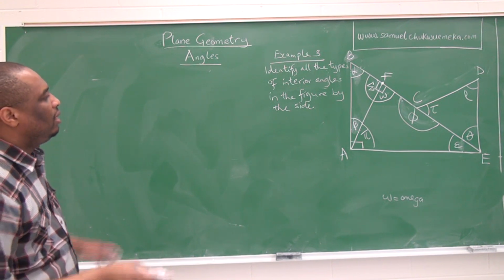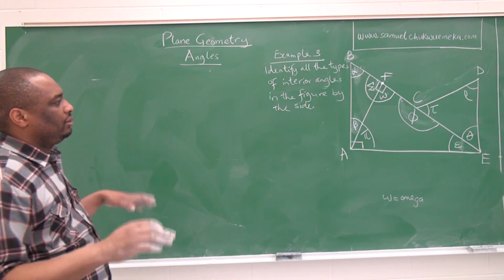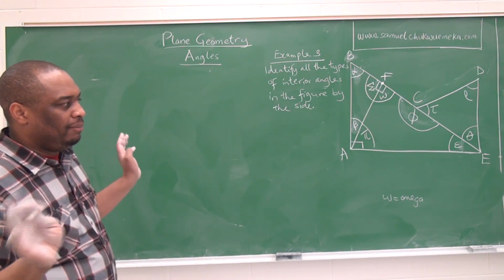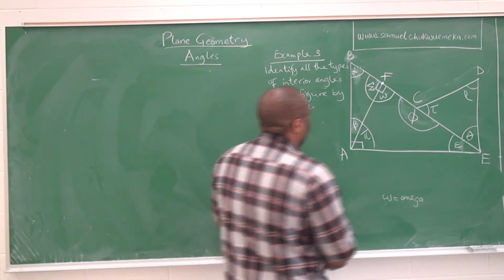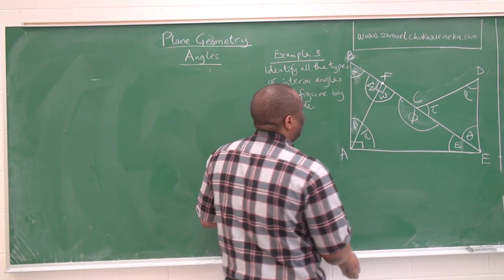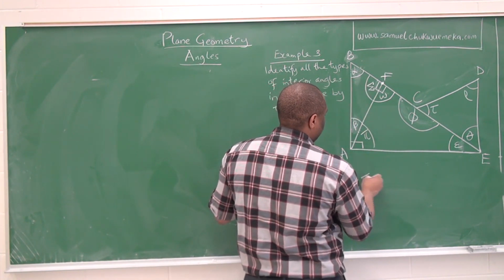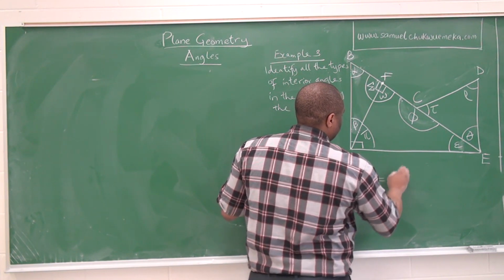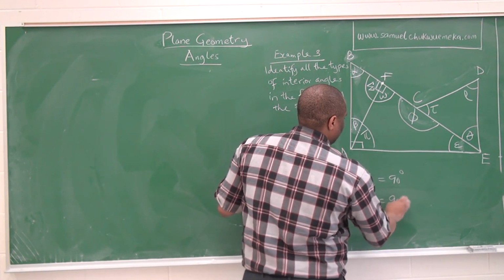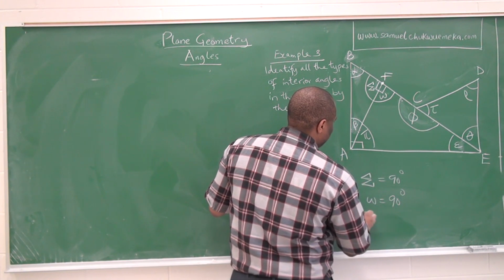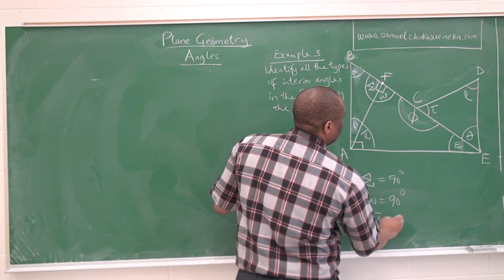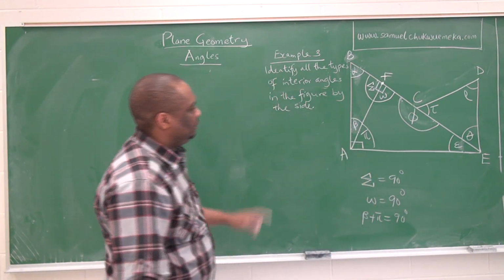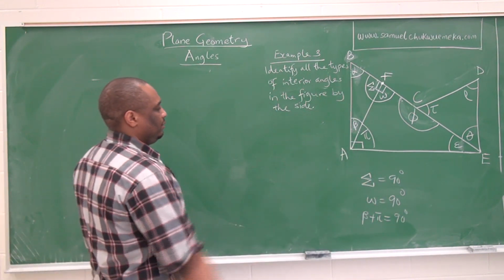I know we're not solving calculation, but if you don't mind, let's just write this: sigma is equal to 90 degrees, omega is equal to 90 degrees, and beta plus pi is equal to 90 degrees. If you look at it, beta plus pi is equal to 90 degrees.